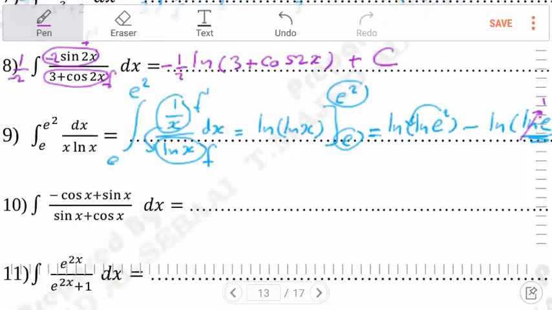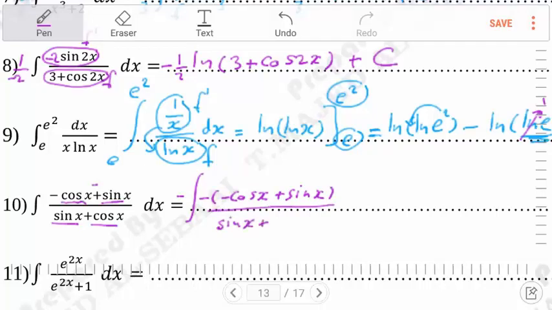See the next question. What is the differentiation of sine? It's cosine. What is the differentiation of cosine? It is minus sine, right? So as you can see, I can write it this way: minus here and minus here, minus cosine x plus sine x over sine x plus cosine x dx.